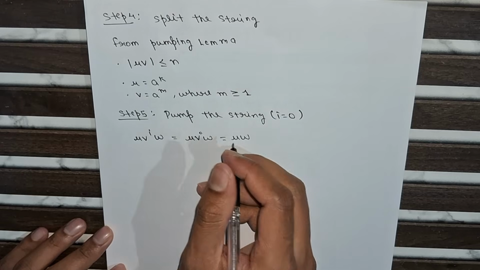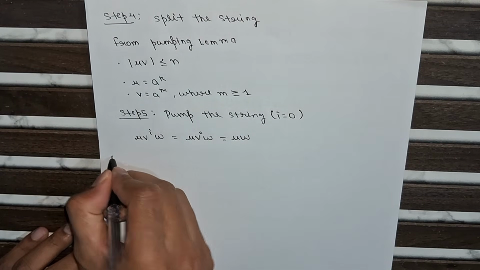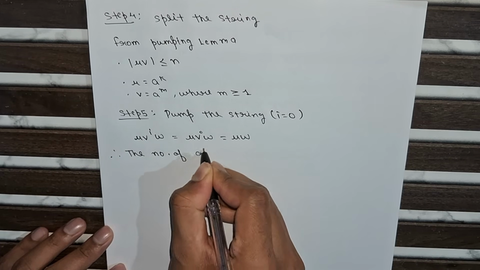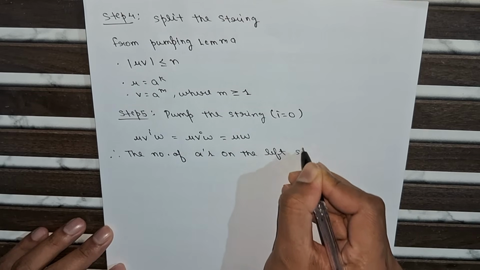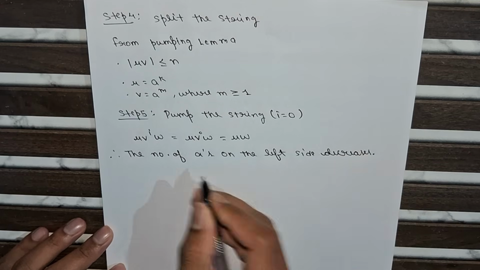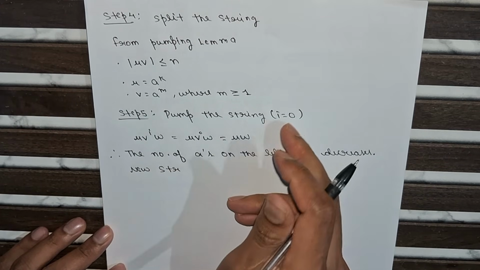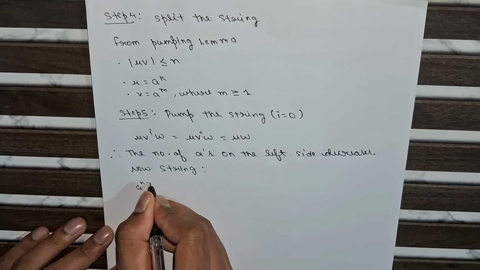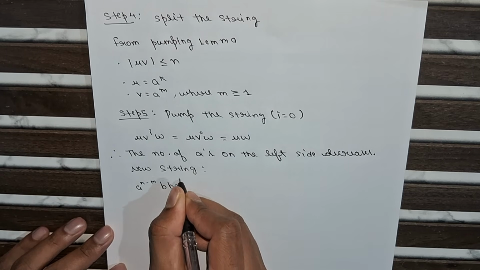This removes v, so the number of a's on the left side decreases. The new string becomes a^(n-m) b b a^n.